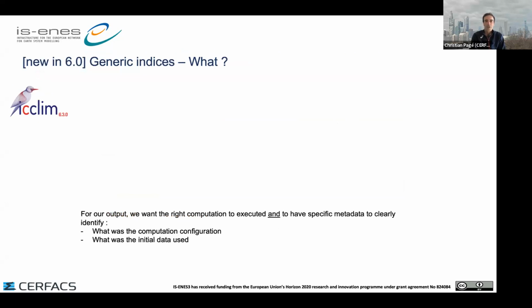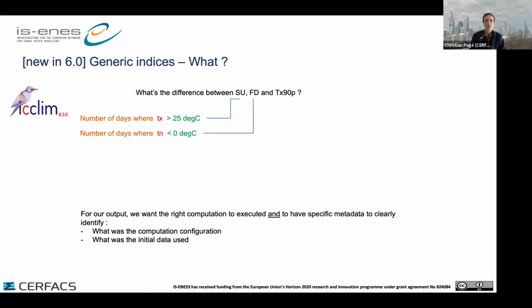So back to the generic indices. We could ask ourselves, what is the difference between those 3 climate indices? SU, summer days, FD, frost days, and TX90p. For the first one, we have the number of days where TX is greater than 25, FD is TN less than 0, and TX90p is TX greater than the 90th percentile.